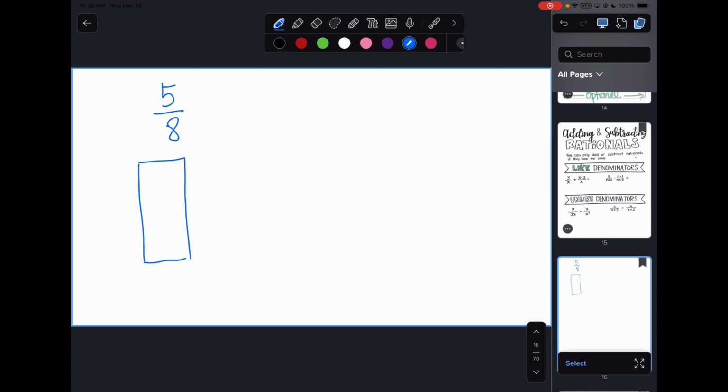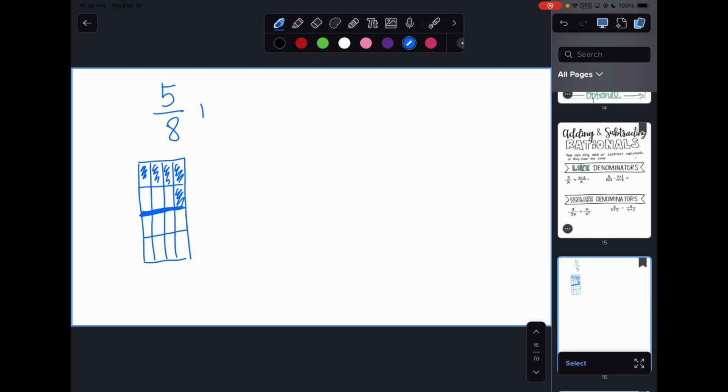Hershey's bar has how many pieces? 16 little pieces, right? It's supposed to be 1, 2, 3, 4, and then it has 8. Okay? So for this half, out of 8, that's 1, 2, 3, 4, and 5, right?